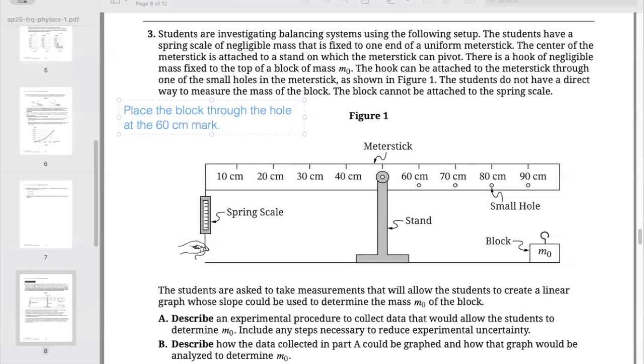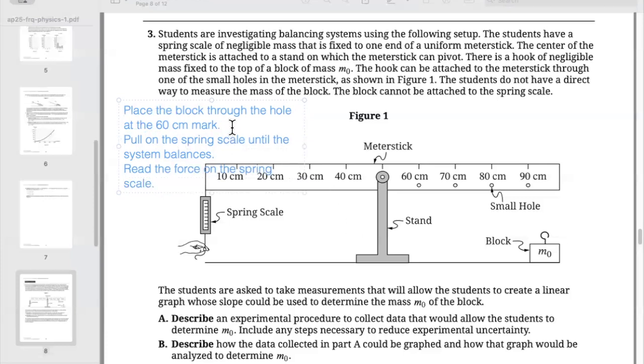It doesn't have to be at the 60 centimeter mark, but your next step then is to pull on the spring scale until the system balances out. After you do that, read the force on the spring scale.